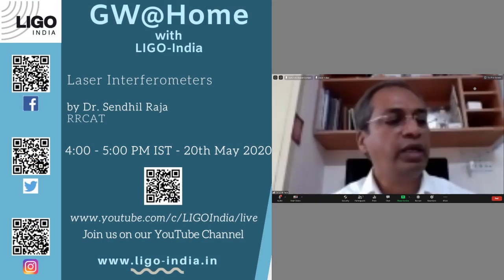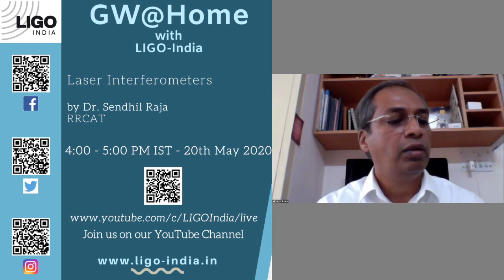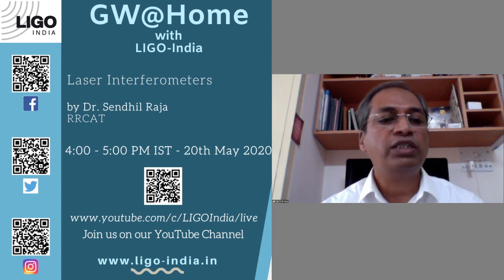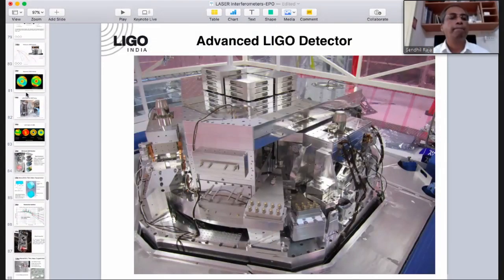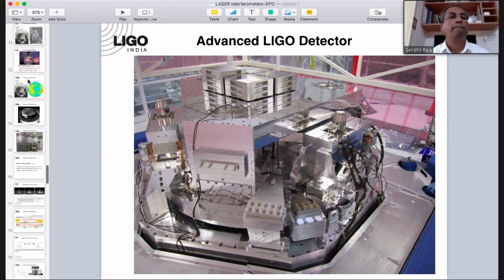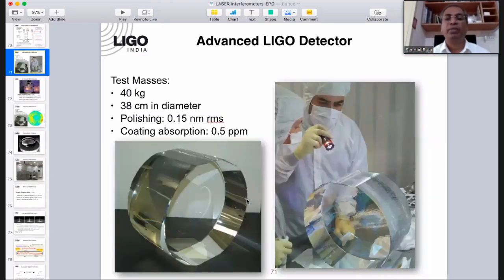The next question is by Neil Vadodariya. Why do the Advanced LIGO mirrors look transparent in your slides? They do not appear to have any anti-reflection coating. So if I go to the slides they're referring to, this is just a substrate without the coating.